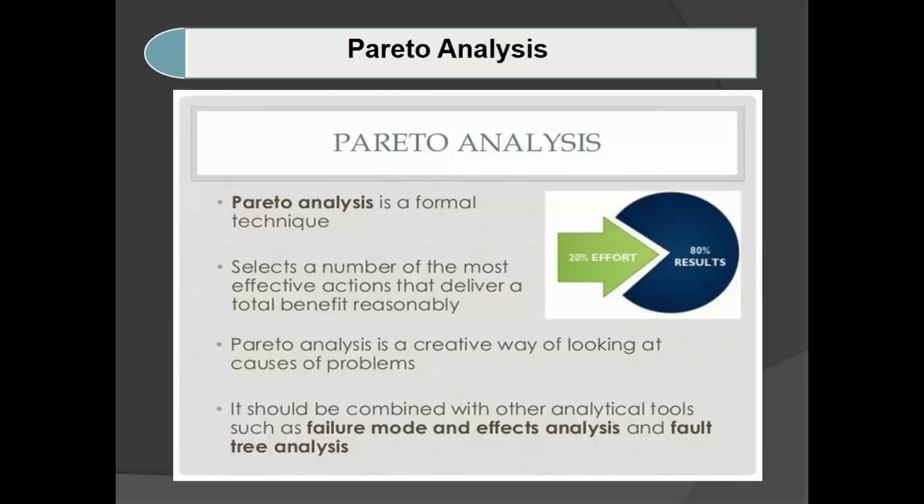For example, if I take an IT company, assume that there are 10 problems. Out of that, 80% comes to 8 problems. If we analyze these 8 problems, they will have 20% of common reasons.